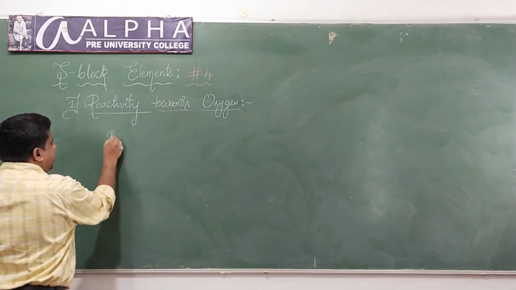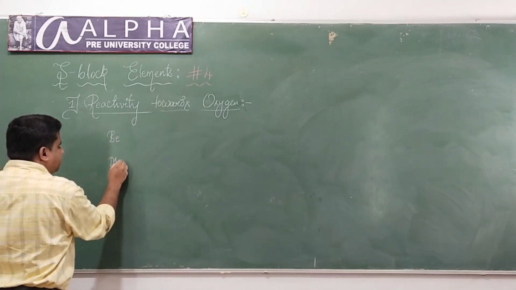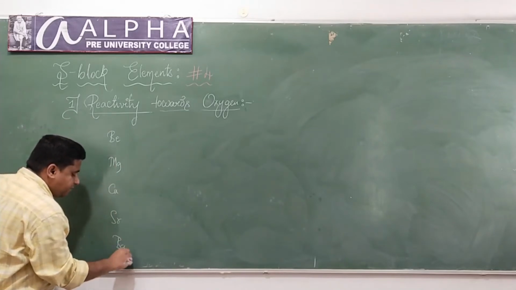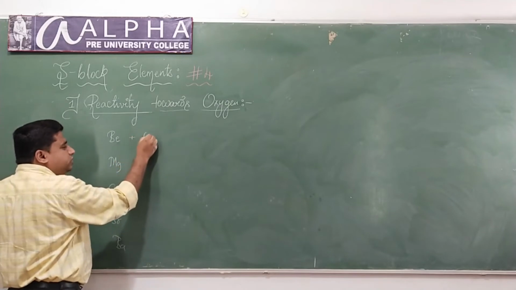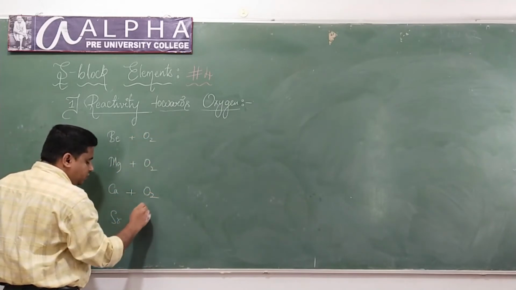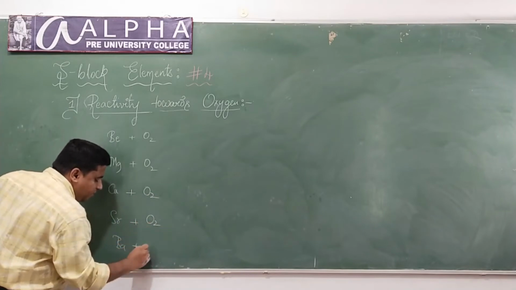We have beryllium, magnesium, calcium, strontium and barium. When beryllium reacts with oxygen, magnesium reacts with oxygen, calcium reacts with oxygen, strontium with oxygen, barium with oxygen.